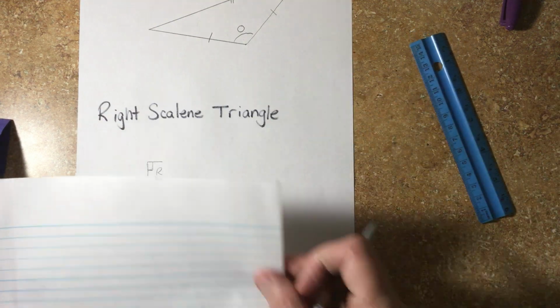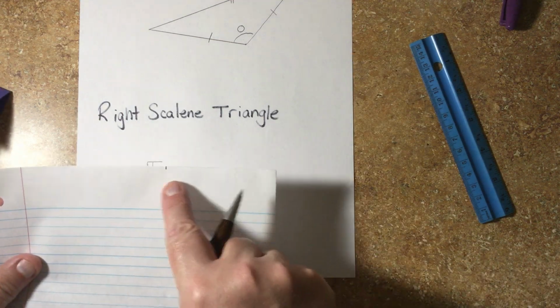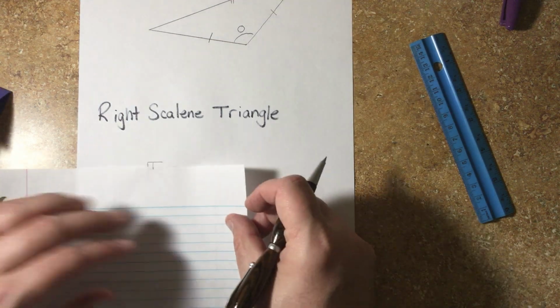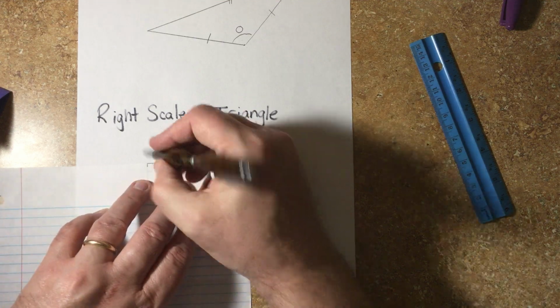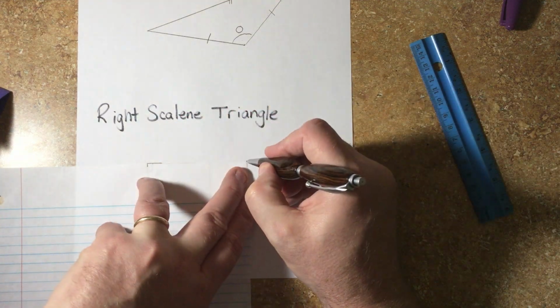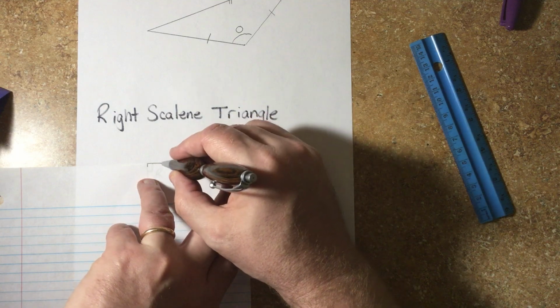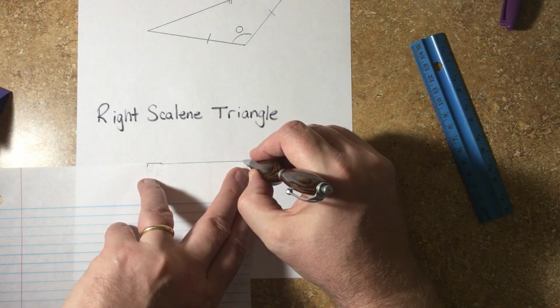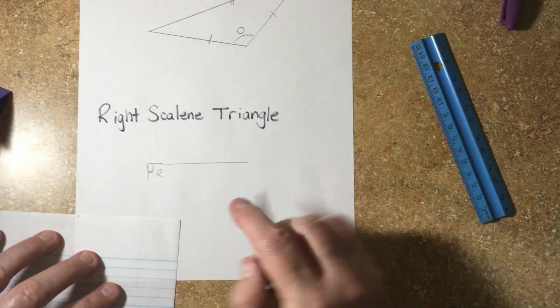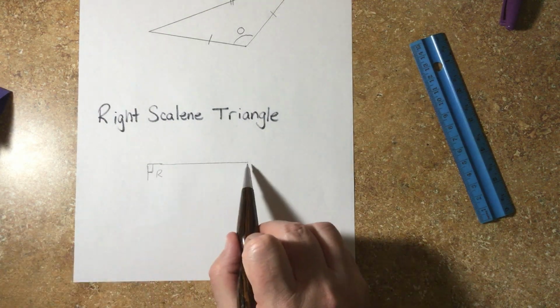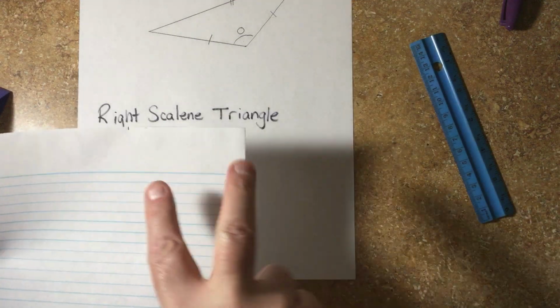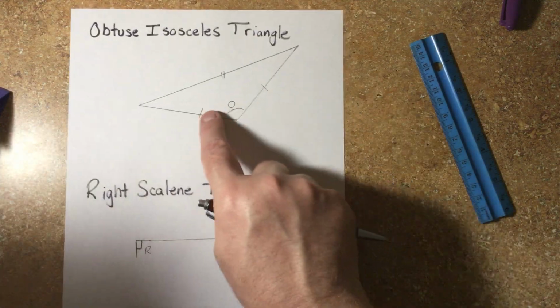So I'm just going to use this length that I've already measured here. If I were to place that right in the vertex here and bring it over to the end. There we go. So I know that that side is that long. It's the same length as these two sides up here.